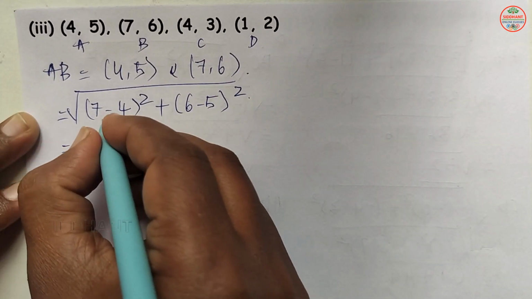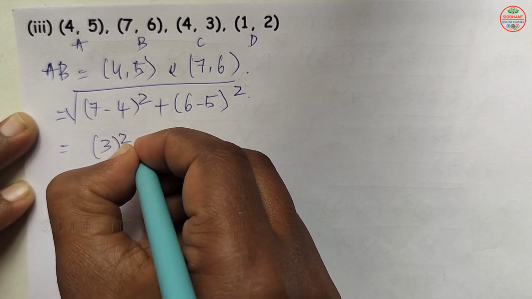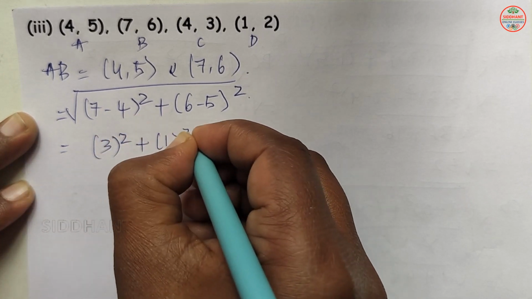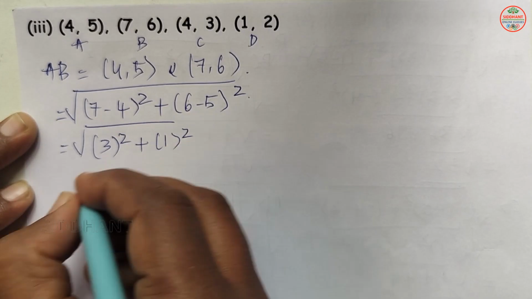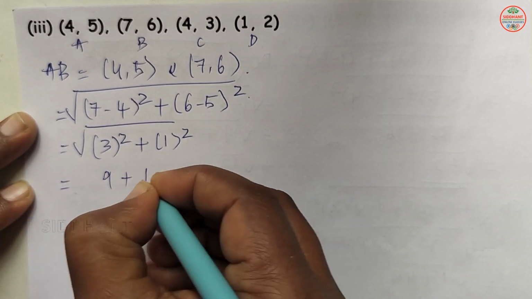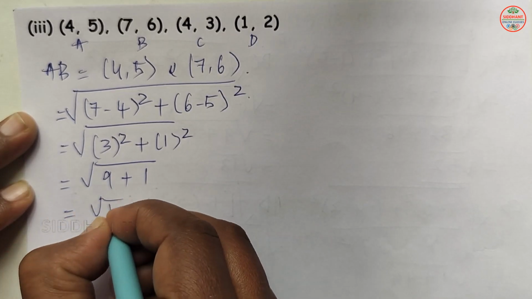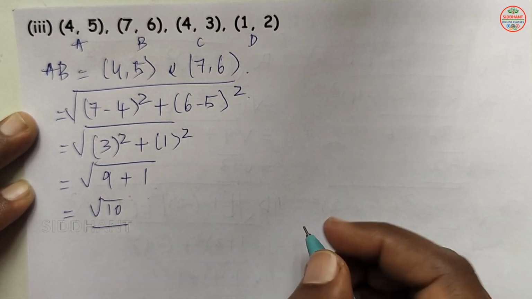So that will be 3 square plus 1 square. 3 square means 9, plus 1. So that will be root 10.